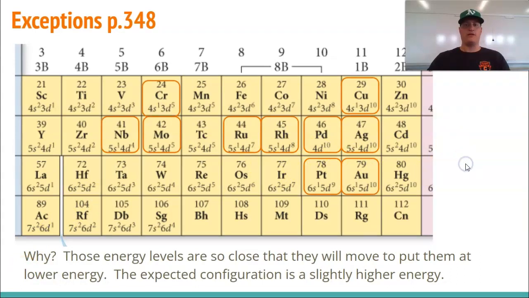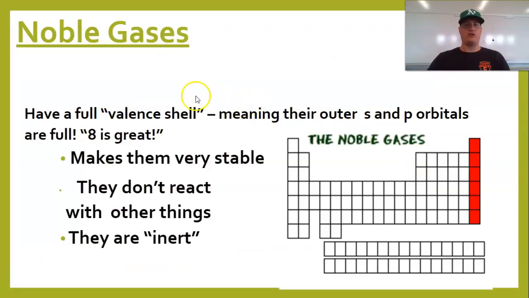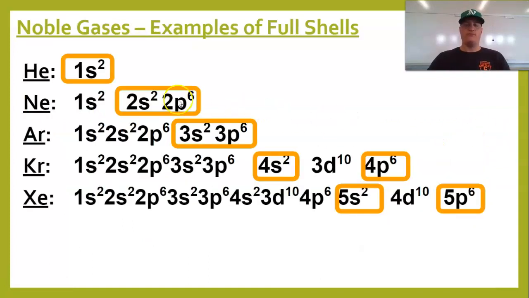There are some other areas we can look at in talking about electron configuration, and this deals with the noble gases. Group 18, all the way at the end, all these would have a p6 filled up. This makes them very stable. They don't react with other things. We call them inert, because 8 is great. You can see the s is filled up, s2, for helium.